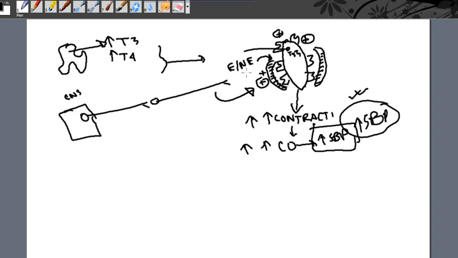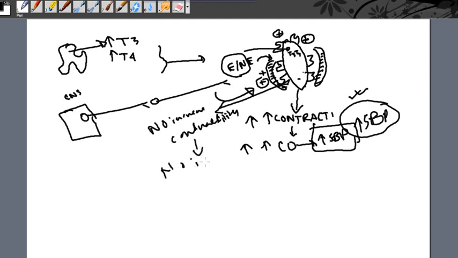Now epinephrine and norepinephrine in the presence of beta blocker cannot stimulate this beta 1 receptor. So now there will be no increase in contractility, and this will lead to no increase in systolic blood pressure, right? So that is another reason why in hyperthyroidism we use beta blockers.